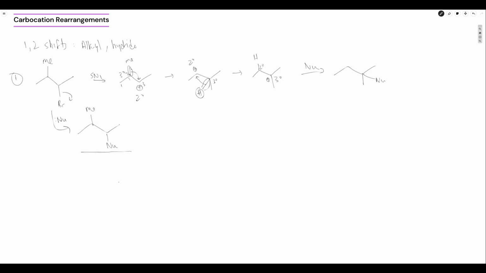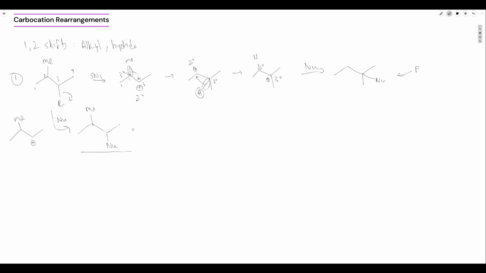You would expect the bromine to leave behind a carbocation, right, at C3. I'll actually show the carbocation once more, this one right here. And you would expect that this would be the product. But in fact, this is the product after you get the rearrangement. And so carbocation rearrangements are always something that you need to be on the lookout for.